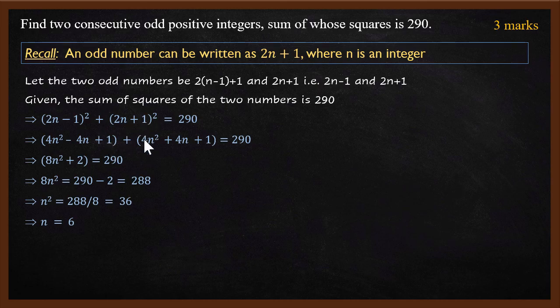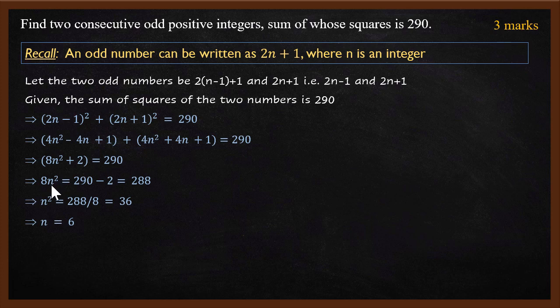In the same way, 2n plus 1 whole square is 4n square plus 4n plus 1. Right hand side, no change, it is 290. Now if you look at this equation, you can simplify by adding like terms. So 4n square becomes 8n square, minus 4n plus 4n becomes 0, 1 plus 1 becomes 2. Right hand side remains 290.